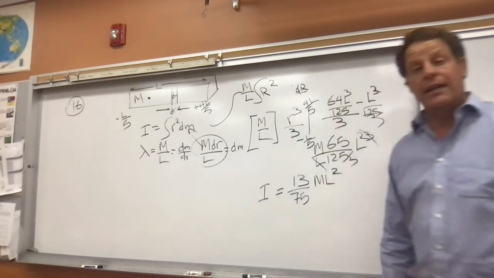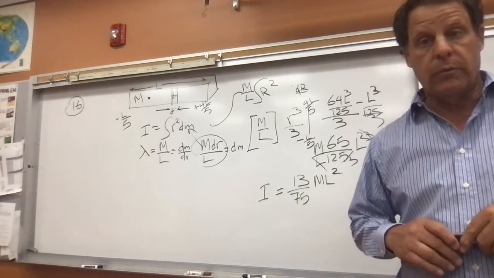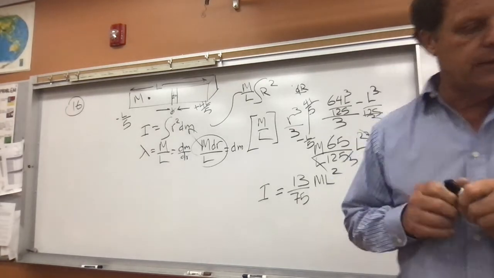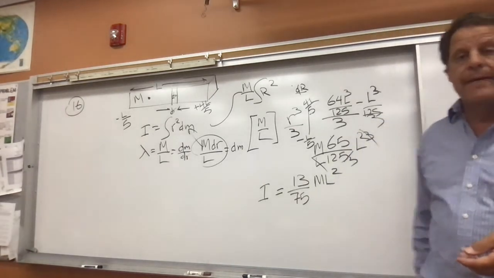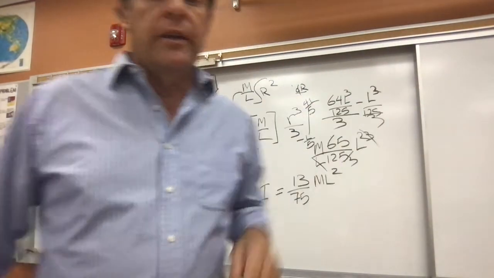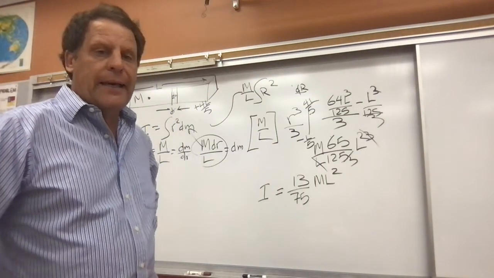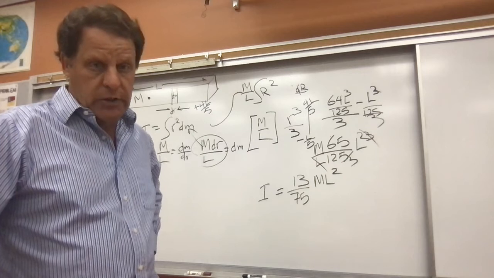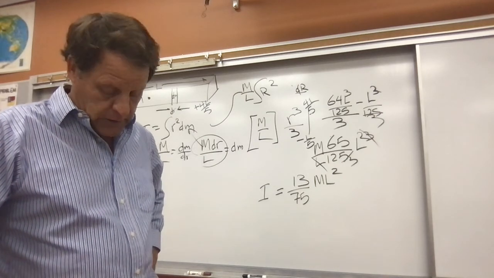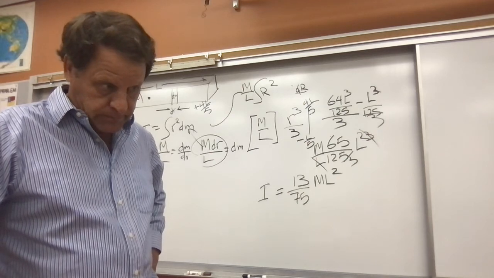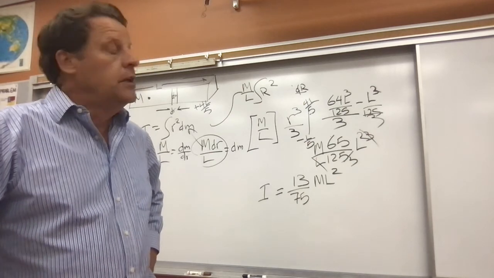Now, since I did not give you any specific information such as the length and the width, that means this is going to be our formula. You guys, this formula is going to come into play, I believe, in question number 22 on the rotational quiz practice.